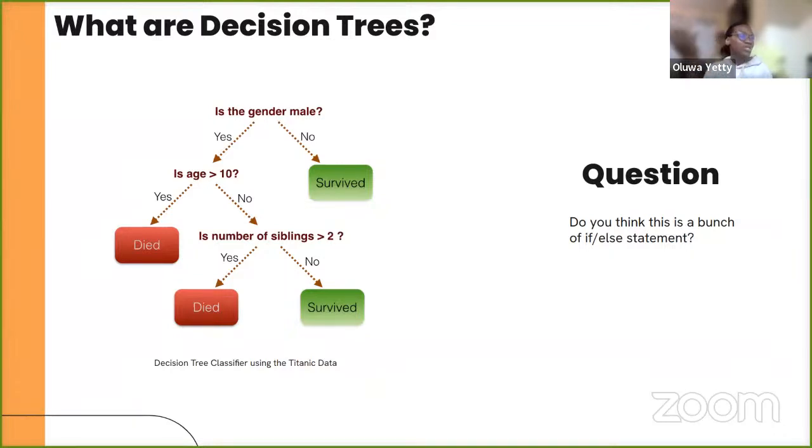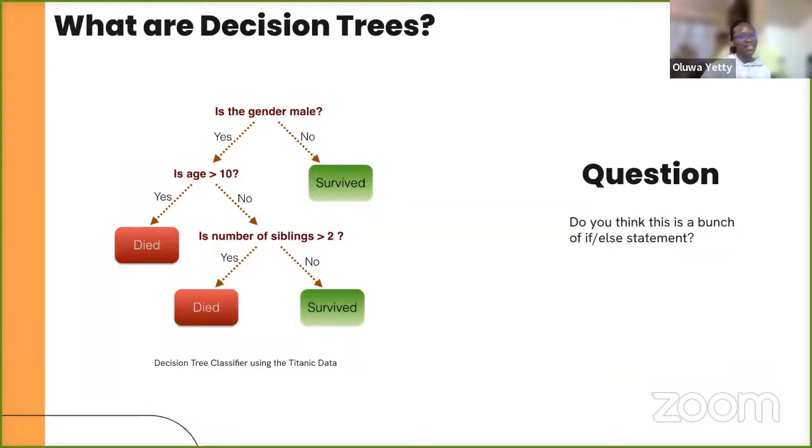And you may wonder, that's why I have this question. This is just a thought I want you to have at the back of your mind. If it's just if else, like somebody said, control flow, and control flow is basically conditional statements that get us to the right place, we would know at the end of this class.